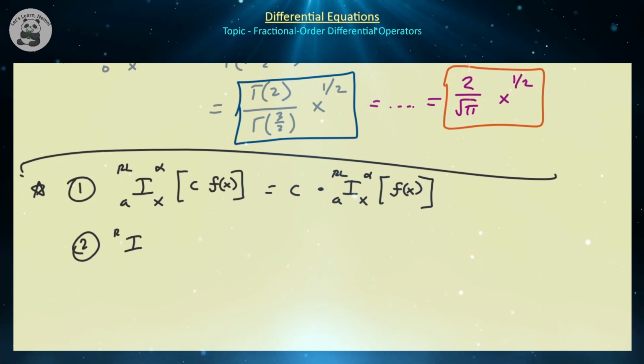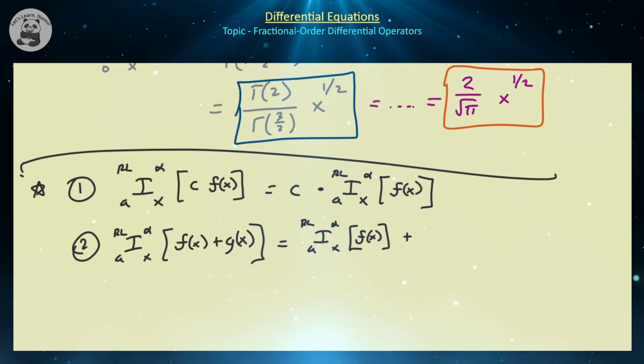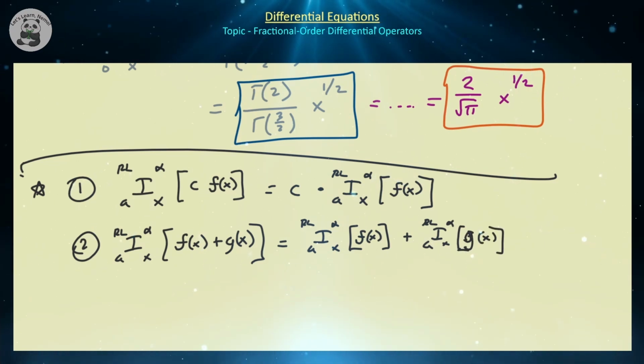And the Riemann-Liouville fractional integral of order alpha, base point a, of the sum of f of x plus g of x is equal to, you might be able to take a guess, the Riemann-Liouville fractional integral of order alpha, base point a, of f plus the Riemann-Liouville fractional integral of order alpha, base point a, of g of x, and that will be your answer.